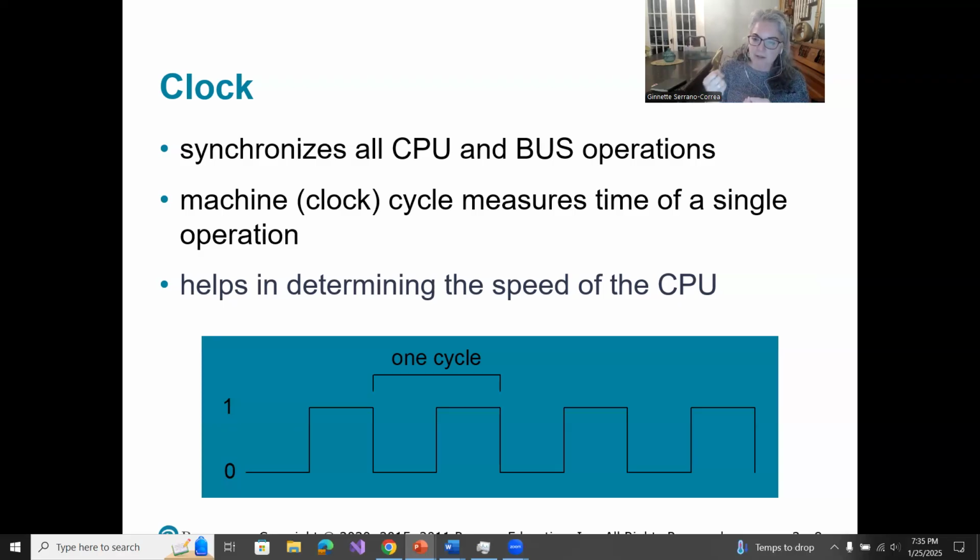The real-time clock is actually a chip that sits on your motherboard that is battery powered. So even if you turn off your computer, the real-time clock is still working.